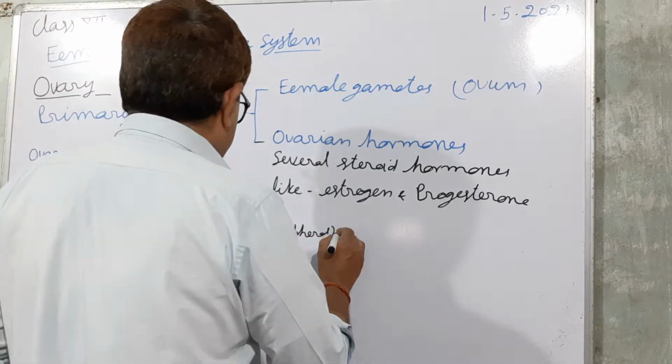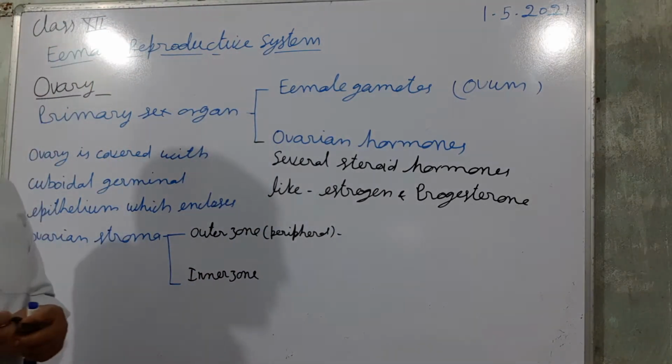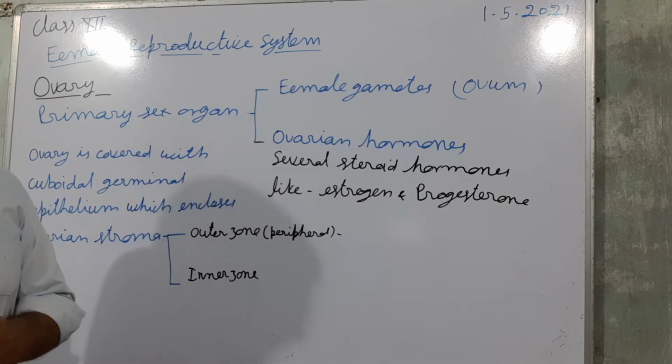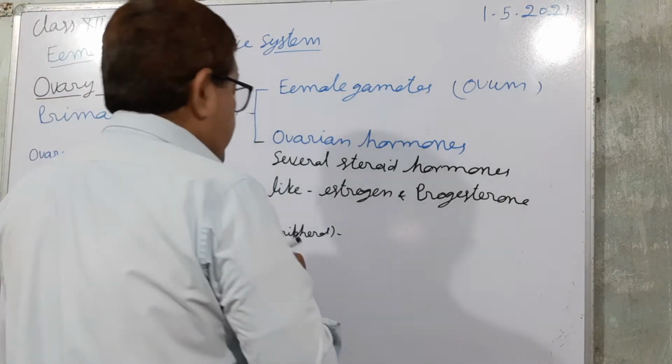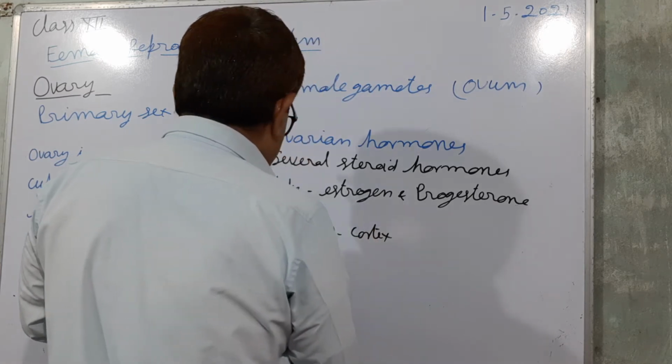The outer zone is called the cortex, and the inner is the medulla.